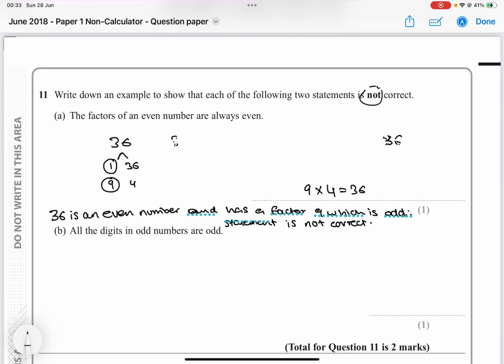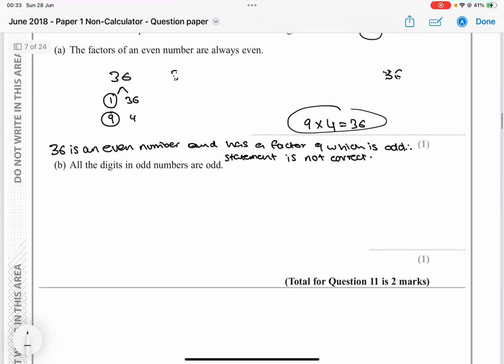Now I'm looking at the mark scheme right now, and it says that either you can give an example or you can write a statement. So either one would have done. If you just left it at this, you still would have got the mark, or if you wrote a conclusion. But sometimes examiners won't always be this lenient, and they will require a statement in a proving question where you have to prove something, okay?